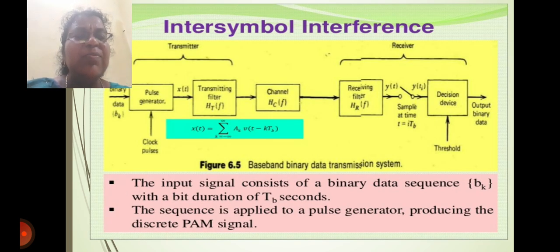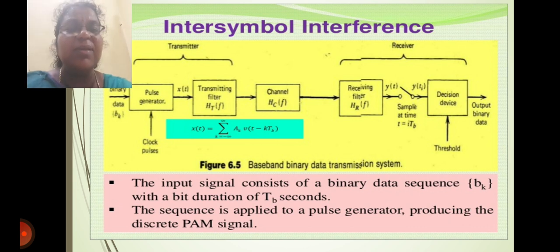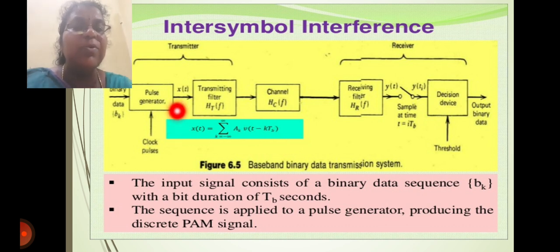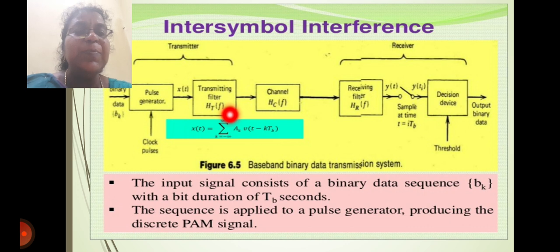Consider a baseband binary data transmission system. Here the binary data is given as input to a pulse generator, and the pulse generator output x of t is given by x of t equals summation k equals minus infinity to infinity a_k v of t minus kTb. This output x of t from the pulse generator is given to a transmitting filter with transfer function HT of f, and is passed through a channel with transfer function Hc of f.